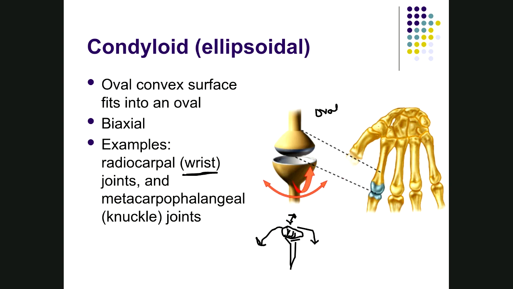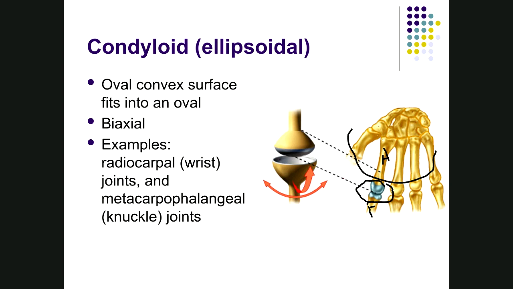Another example of this is between the finger and the hand. So this joint right here where your fingers meet the palm of your hand, your fingers can bend two directions. If you look at your fingers, they can bend forward and backward a lot, but side to side only a little bit.